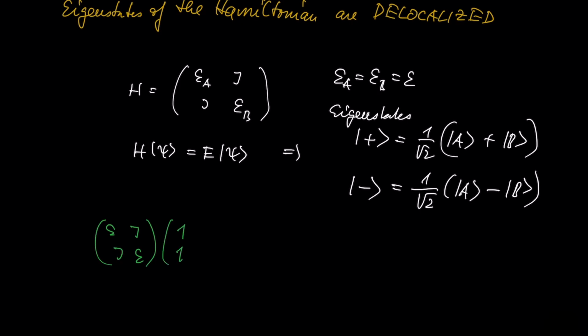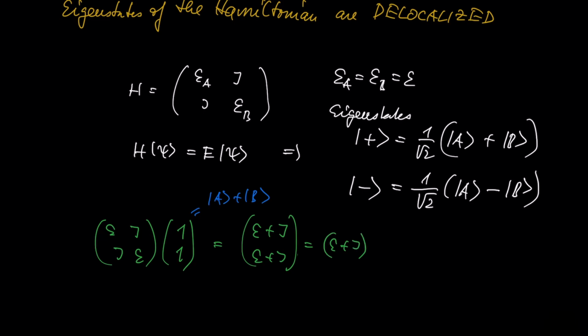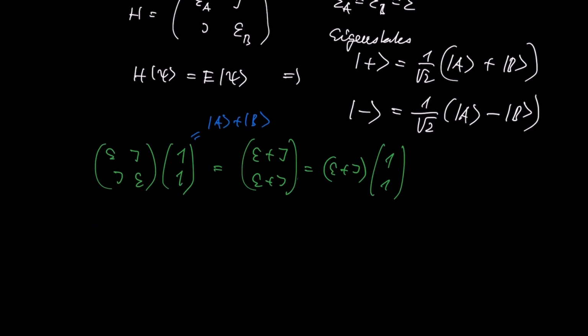Just to prove it, you can try the following. This is, up to the normalization factor, the symmetric situation, and you can easily see that this is epsilon plus J and epsilon plus J, which is nothing but the eigenenergy.